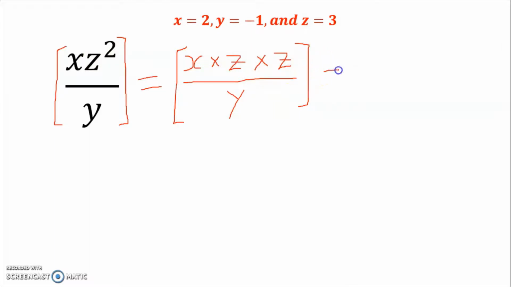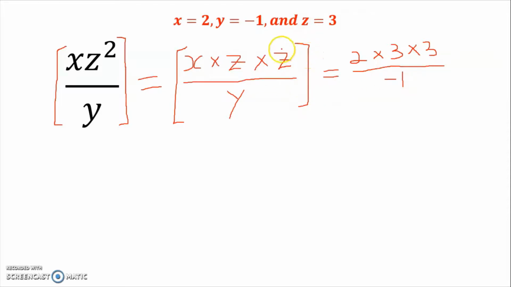So from that we get x is equal to 2, so we will remove the x and replace it with 2, multiplied by z equals 3, so we replace the z with 3, and then we multiply by z again, so multiplied by another 3, and divide all that by the value for y, which is -1.